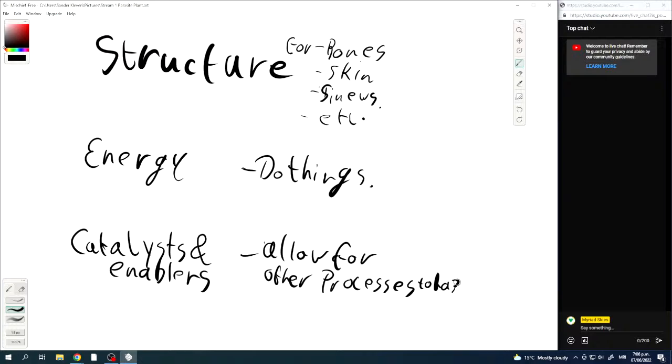I'm really still getting used to writing with this tablet. Okay. So I think those are generally the main types of resources that a walking nest will need.